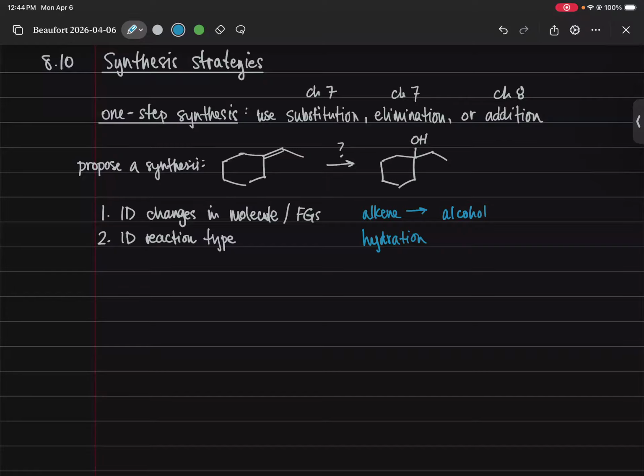So do we need to be concerned about Markovnikov versus anti-Markovnikov with hydration? Yeah, so we've got 2 potential positions on this alkene where we could put the alcohol.